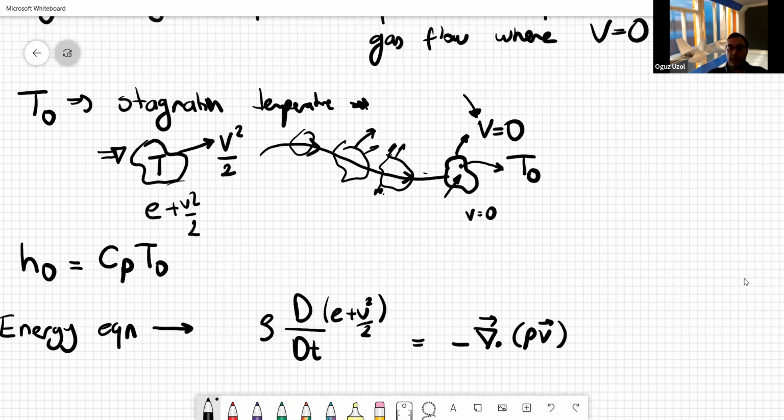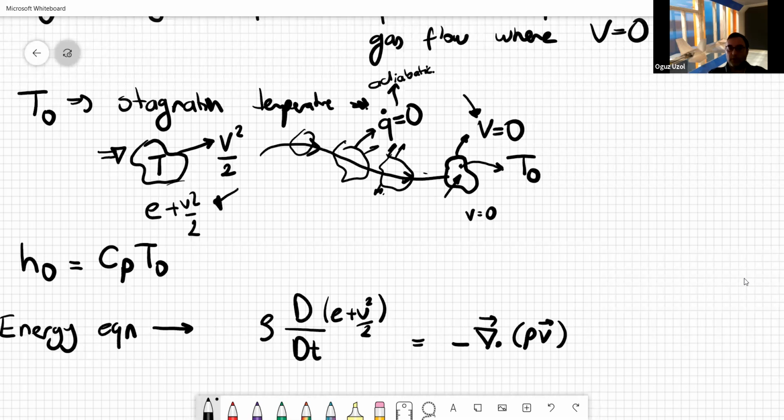We don't want that. So in our imaginary experiment, we assume heat transfer is zero, which we call an adiabatic process, so that when it reaches the stagnation condition, it recovers the entire energy level of the original state without losing any of it due to some strange heat transfer happening during the process.